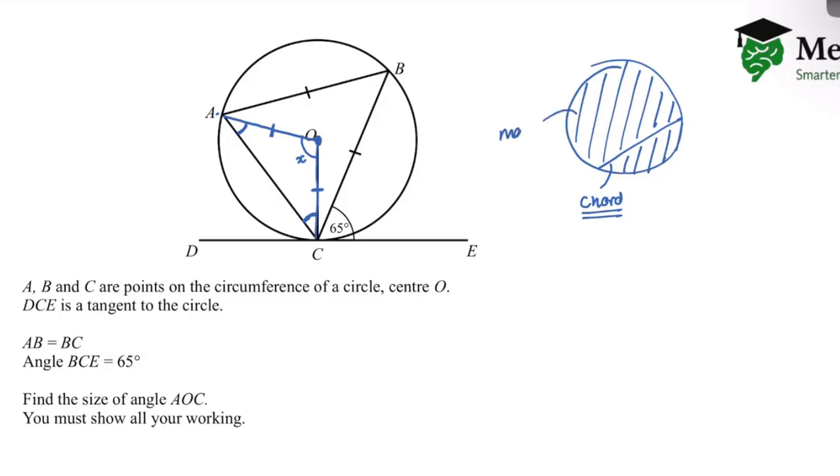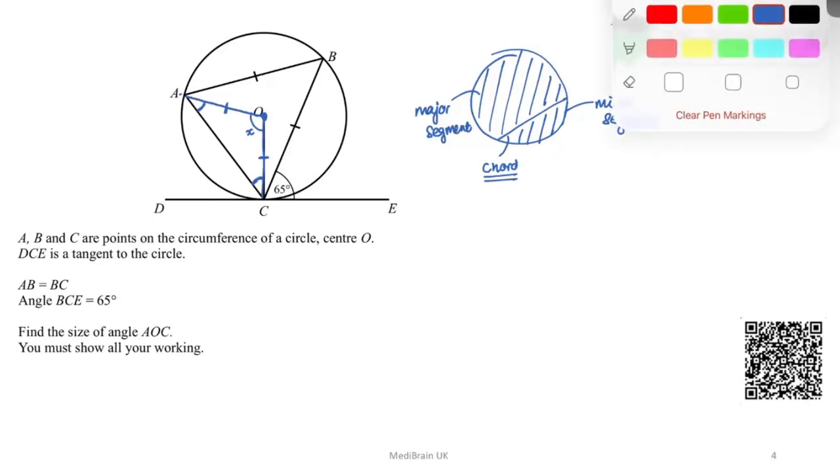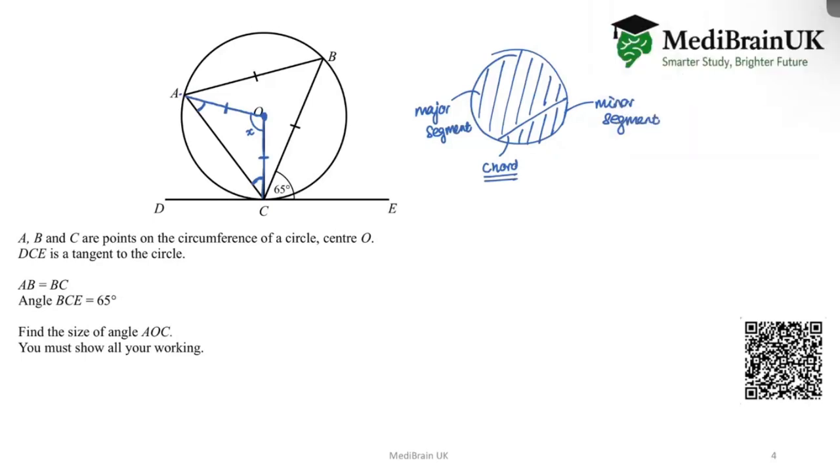So you have the major segment, and then over here you have the minor segment. There are two segments that you have. So over here, in this example, there is also a chord that you can see. This is your chord.